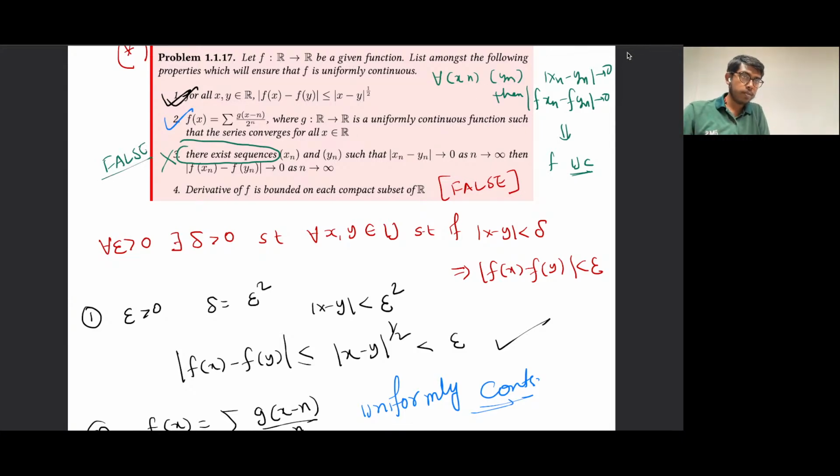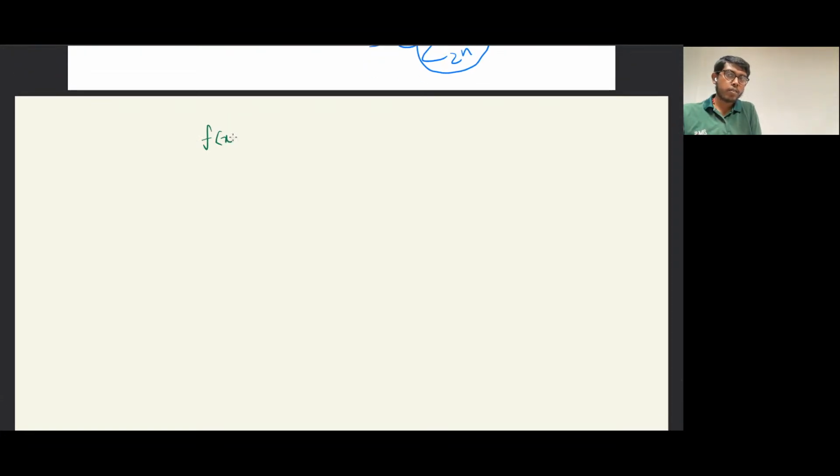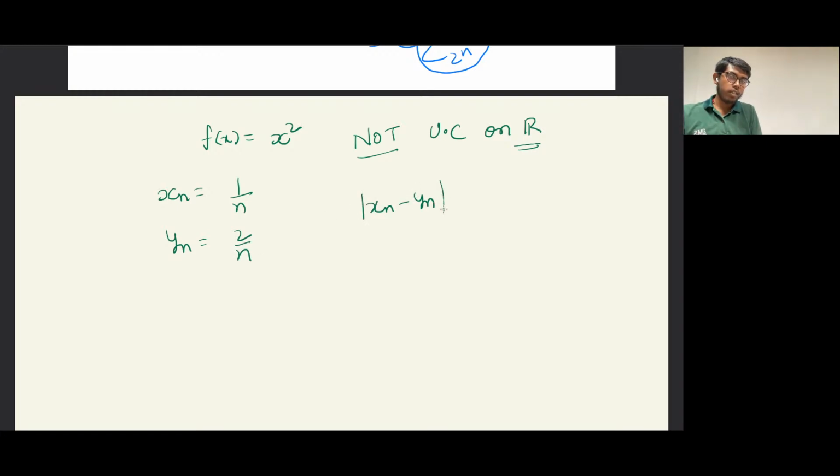That's also not difficult. We know that f of x equals x square is not uniformly continuous on R. But I can take xn as 1 by n and yn as 2 by n. So clearly xn minus yn goes to 0, and xn square minus yn square also goes to 0, but f is not uniformly continuous.